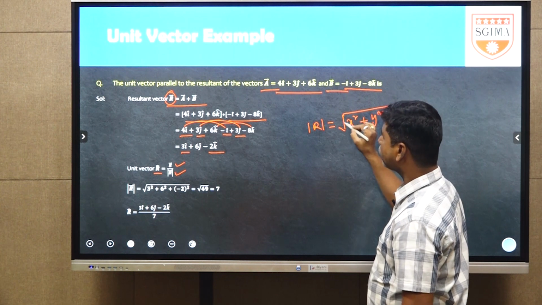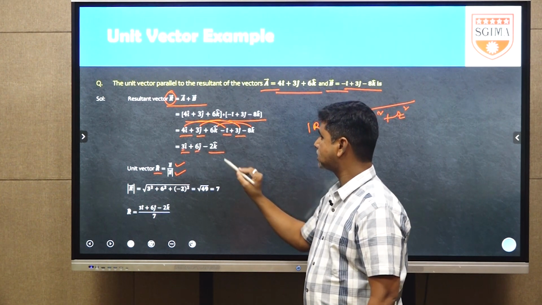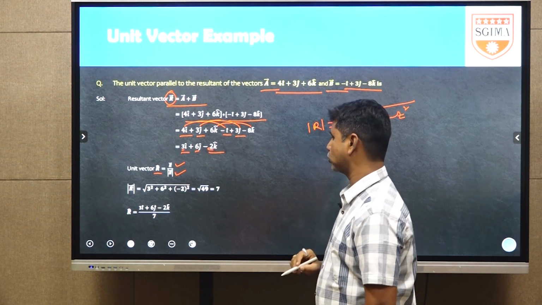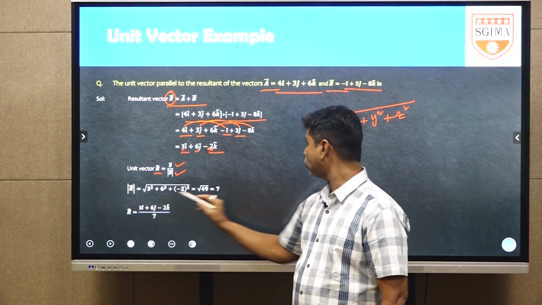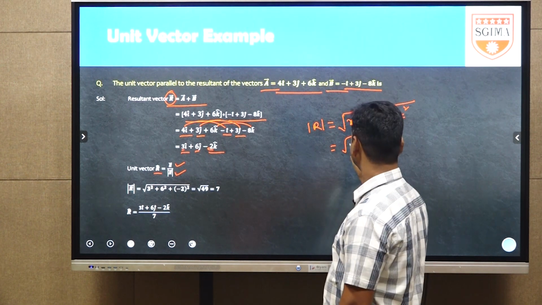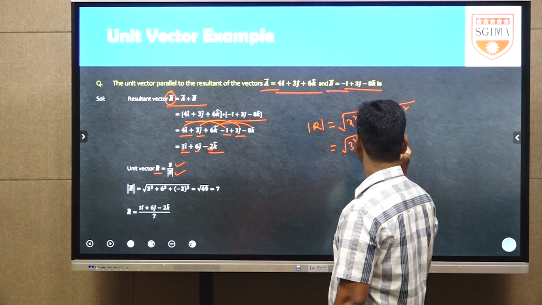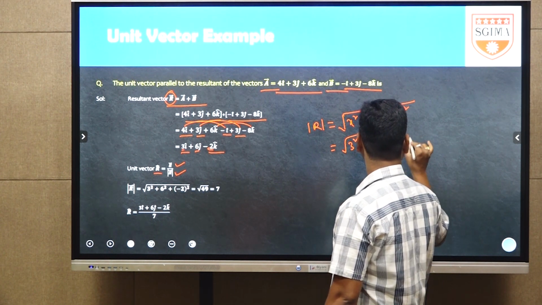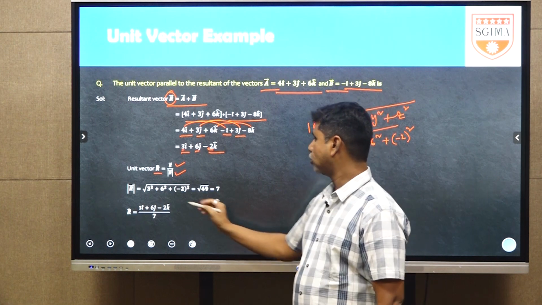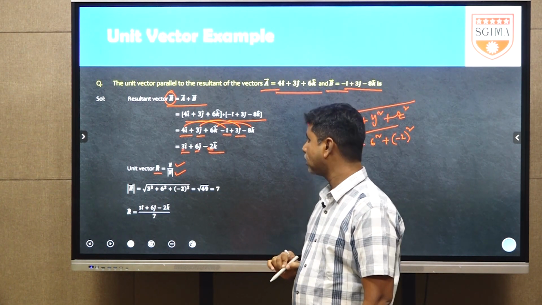Here x is 3, y is 6, z is minus 2. So r equals under root 3 square plus 6 square plus minus 2 whole square. After simplification, root 49 equals 7.